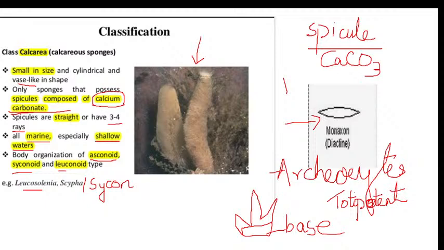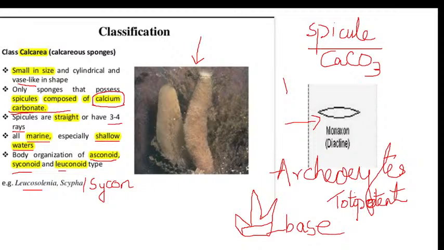So archaeocytes and amoebocytes in sponges are totipotent cells. During the reproductive phase they will be converted to the sperms and eggs. And the larval stage found is called the amphiblastula. We'll come to the larval stage later.